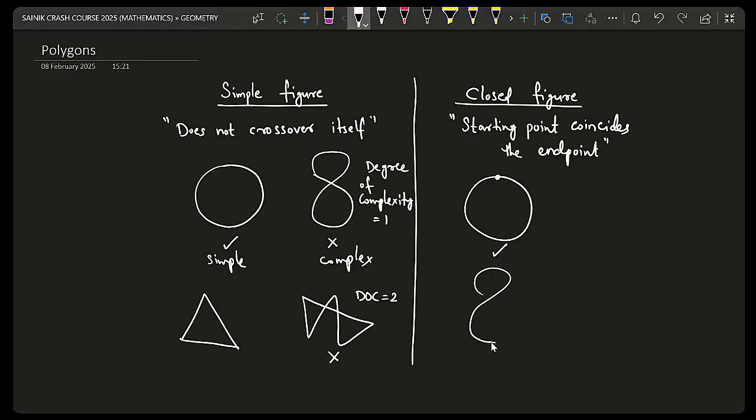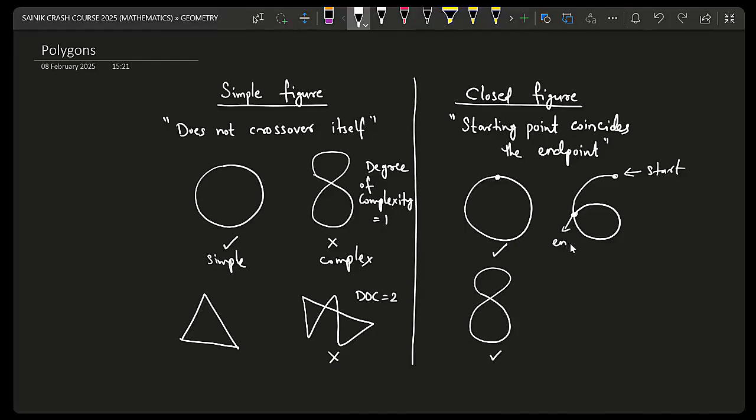If I try to write number 8, where I start and I have to end there, it is also a closed figure. Starting point and ending point are same. So 8 is an example of closed figure, but not a simple figure. For example, I try to write the curve representing number 6. We start here, and we end here.